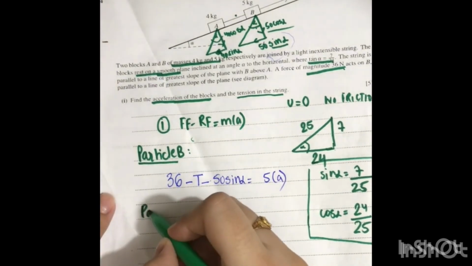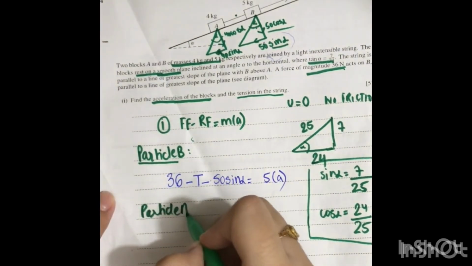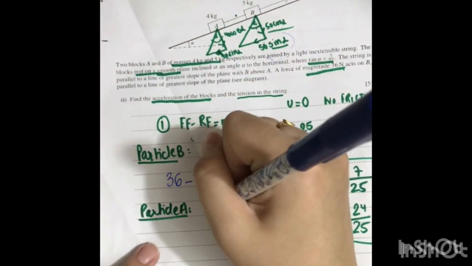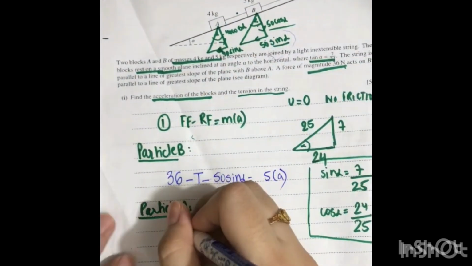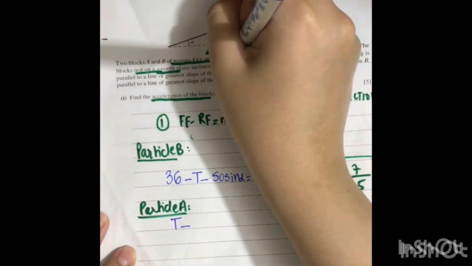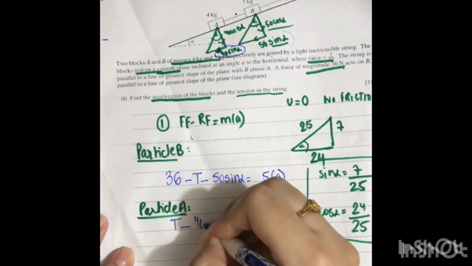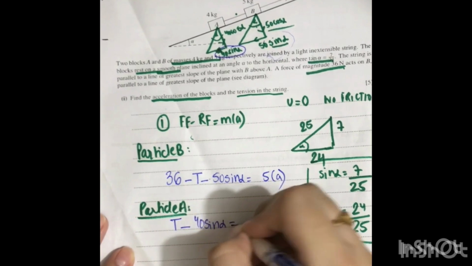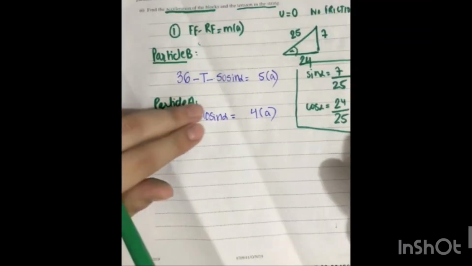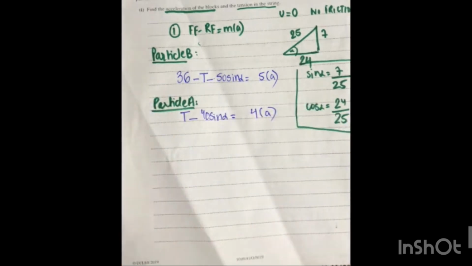For particle A, the same tension of the same magnitude acting on B will be the forward force, while the resistive force will be the component of the weight, which is 40 sine alpha, equal to the mass multiplied by the acceleration. Now we can simultaneously solve this.